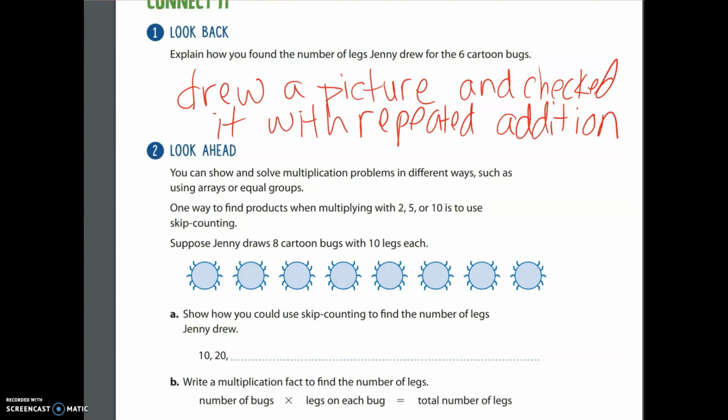So down here on number 8, we're going to write what she would get if she drew 8 bugs. So 10, 20, 30, 40, 50, and let's put commas in between those so we know where the numbers separate. 60, 70, 80. So 8 groups of 10 would be 80 on this one.